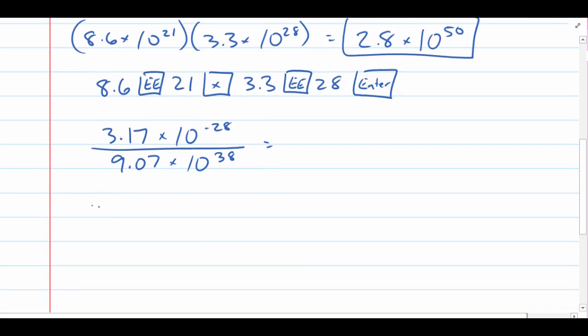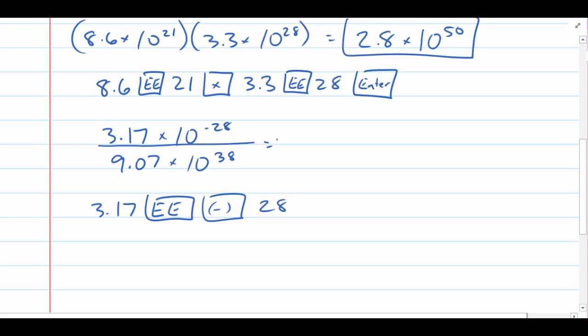This would be entered in as 3.17 EE, then your sign changing button, 28. And of course, if this is over, what does that mean we're doing operationally? Dividing, right. So we're going to divide that by 9.07. And we'll put in the E button, and then 38. And then enter or equals.